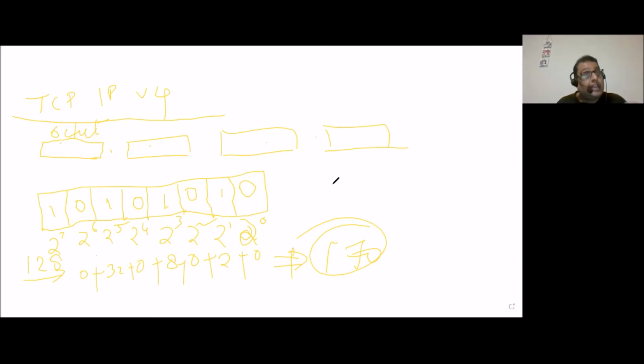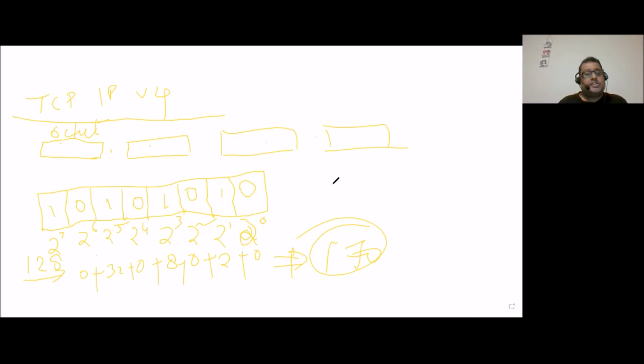Okay, why is an IP address used? Because like a telephone number, every single person, computer or network device connected to a network requires a unique name or a unique identity. Okay, and that identity is represented using something called an IP address.